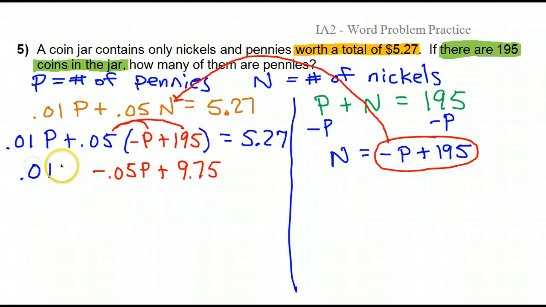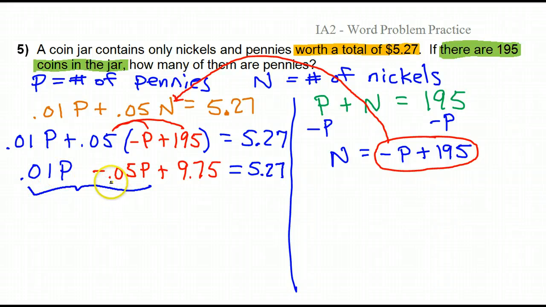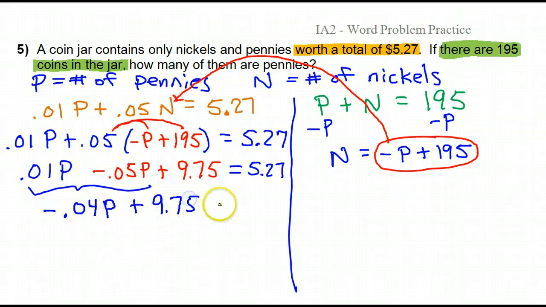So 0.01 p minus 0.05 p plus 9.75 equals 5.27. Notice I have all p's, so I should be able to solve for the number of pennies. We've got like terms here, so we need to put those together. 0.01 minus 0.05 is going to be negative 0.04 p plus 9.75 is equal to 5.27.